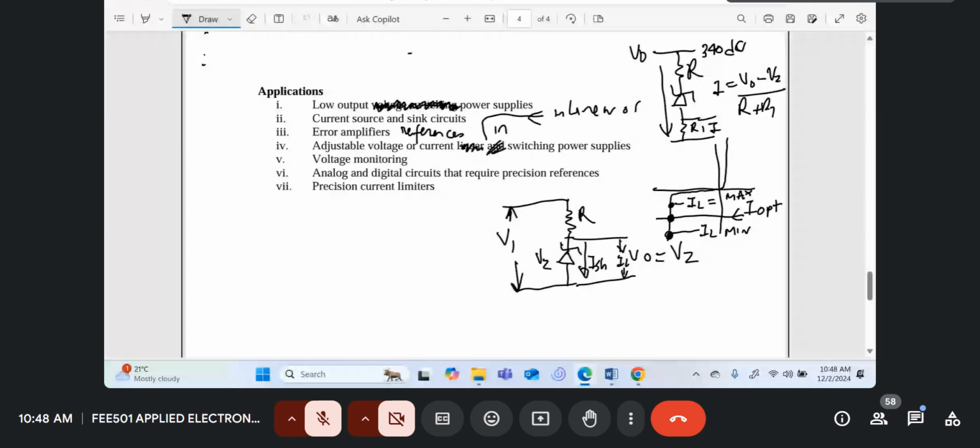Precision current limiters. Let's assume you've got a large voltage. You put a Zener, then I'll use a PNP here. Then this output over here is actually equal to a constant current source.